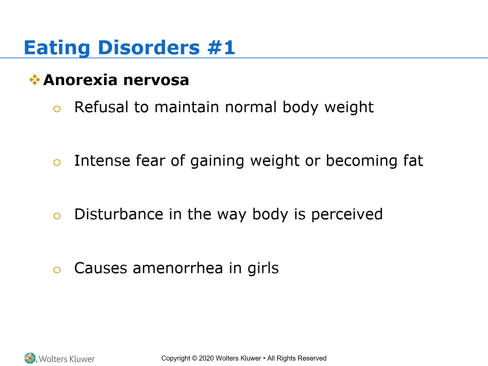So one characteristic is the refusal to maintain a minimal normal body weight for age and height, like being within the 85th percentile. An intense fear of gaining weight or becoming fat, and also a disturbance in the way one's body size, weight, or shape is perceived.